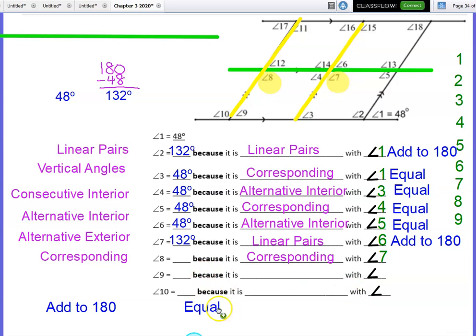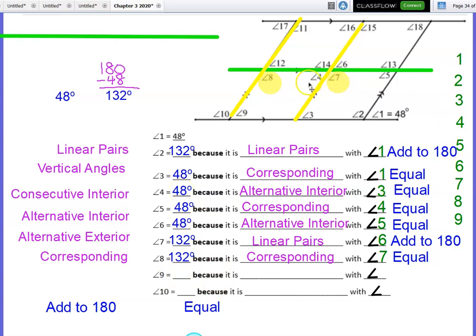Corresponding angles, are they equal or supplements? They are equal. So angle 7 is 132, so angle 8 has to be 132. Now wait a minute, up here when they were equal, they were 48. The equal has nothing to do with these two numbers, but it's the numbers we're comparing. 7 and 8 have to be the same, where we had 4 and 3 had to be the same.